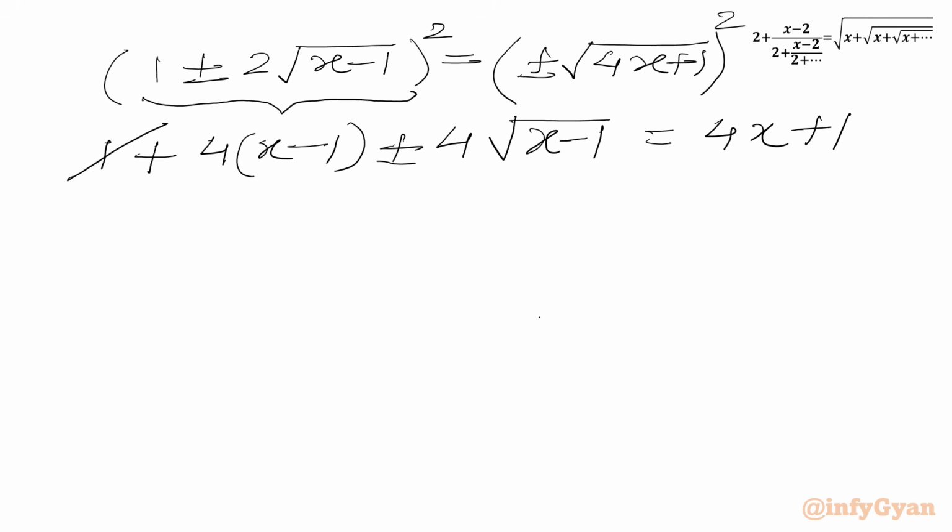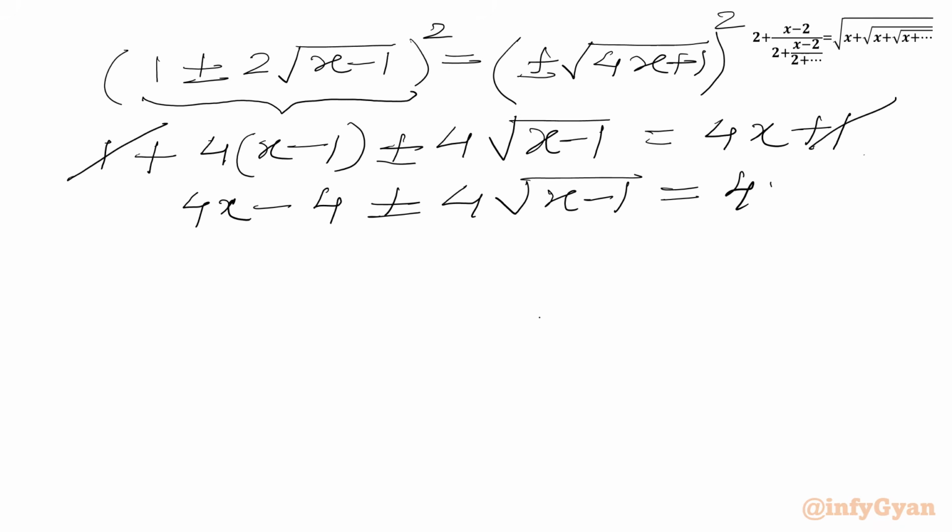Now we can subtract 1 from both the sides. Now we have to simplify. We will write 4x minus 4 plus minus 4 times square root of x minus 1 equal to 4x. Now we will subtract 4x from both the sides. So we are going to get 0 in the RHS.